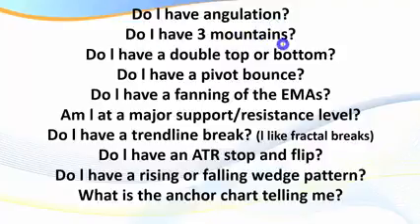Do I have three mountains? Now, what I mean by that, and we'll see this on a chart where I go 1 in a trend, 2 and 3, is that the more waves you've had in a trend, the more likely you are to have a correction or a change in trend.